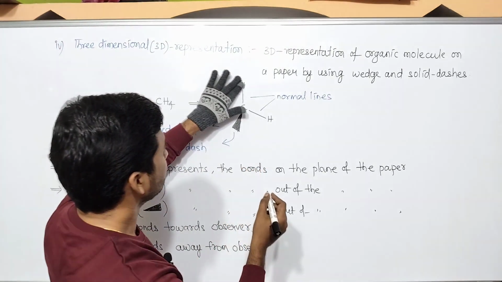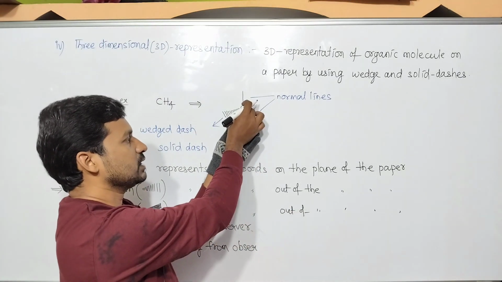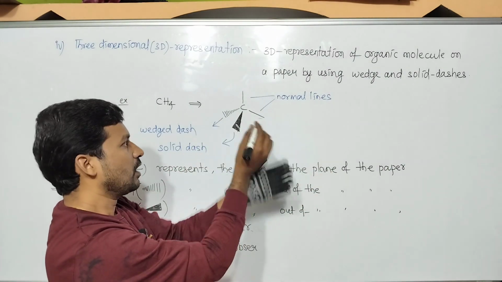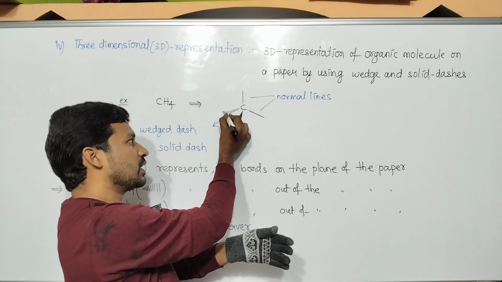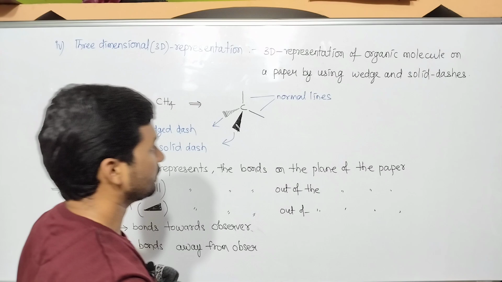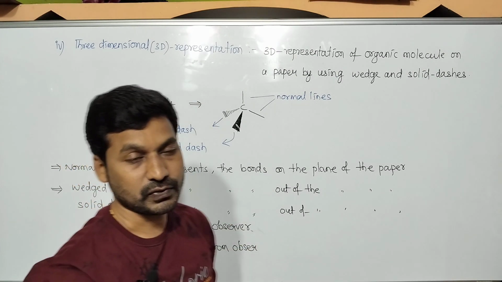Next, this one need not be a carbon, it may be anything. And this is out of the plane of the board, it is towards you like this. And this is the back side of the board, this bond we need to understand, the back side of the board like that. So tetrahedral shape, this is the three-dimensional representation of the molecule.